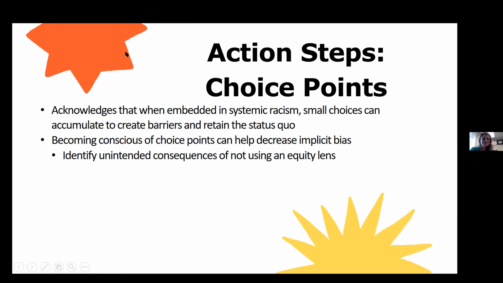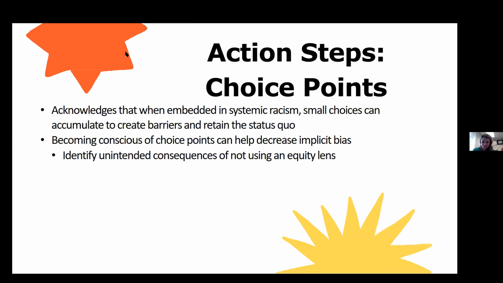It's really a non-intervention. The idea is that if you can become conscious of choice points, you can help decrease your implicit bias. So when you're making decisions, you're asking yourself, what would happen if I didn't use an equity lens? What could some unintended consequences be? Just asking yourself that question and thinking it through before you make the decision.